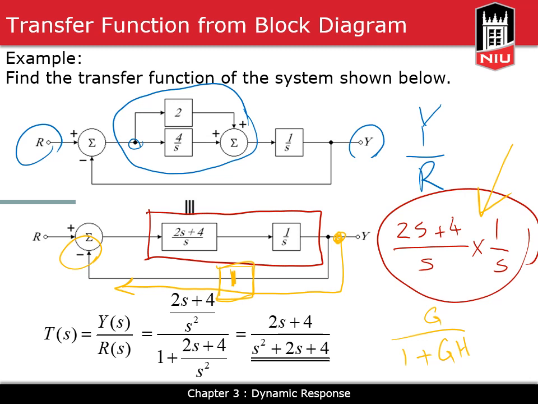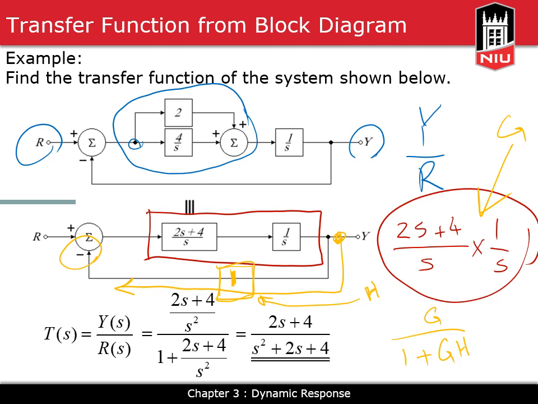That is what we had earlier. In this case, our G is going to be this transfer function, which shows up in the feed forward path, and H is this one here, the 1 transfer function.